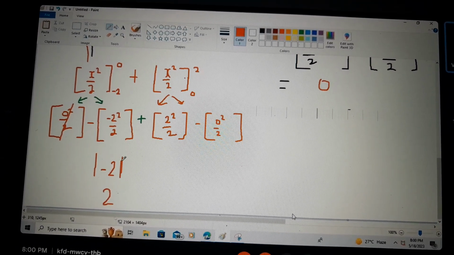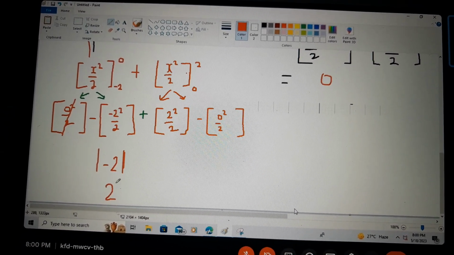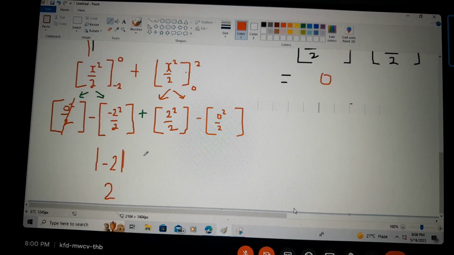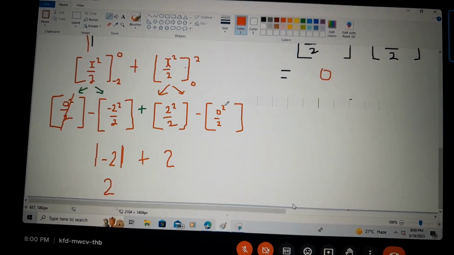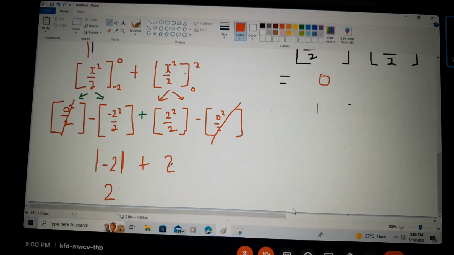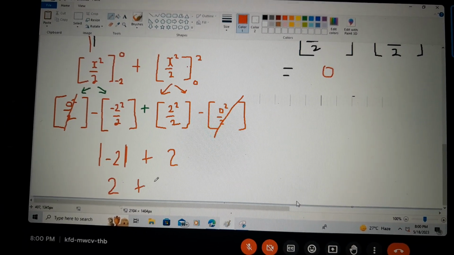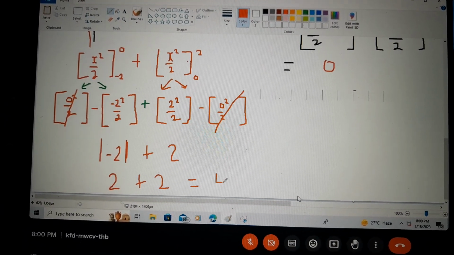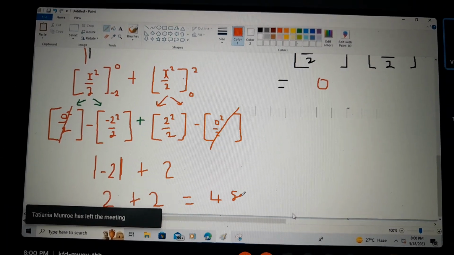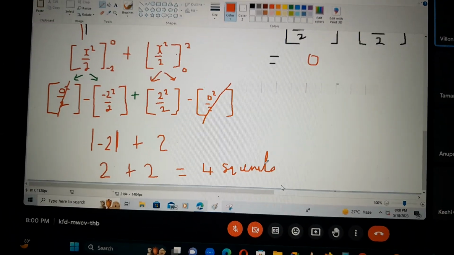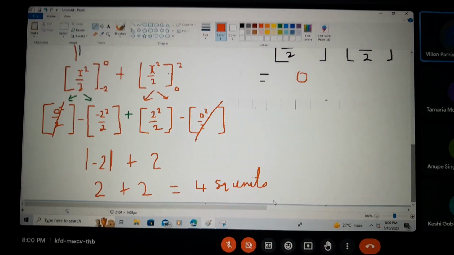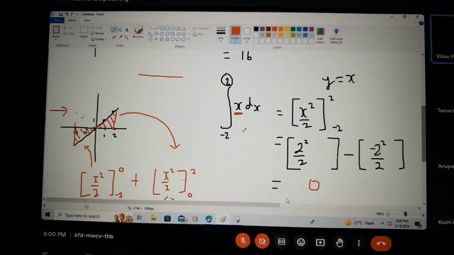Yes, sir. Right? So we have to take the absolute value. So we're using positive. Plus, again, we'll get 2 here because this will be 0. So it's 2 plus 2, and our answer will be 4 square units. Right? And I can prove to you that our answer is actually 4, because look at this.